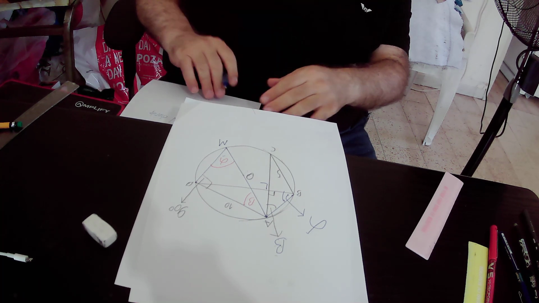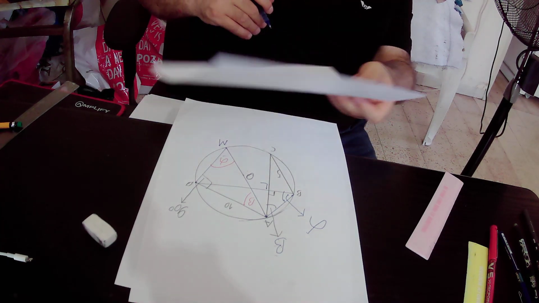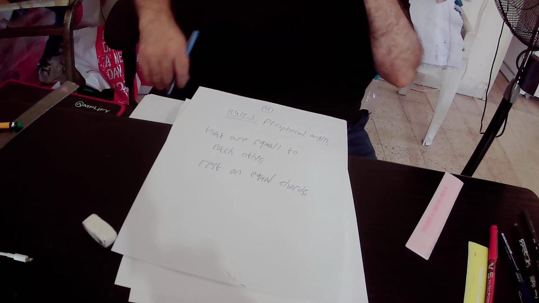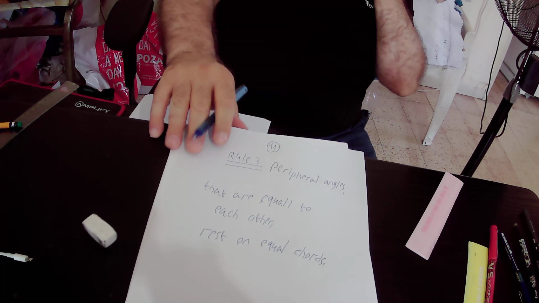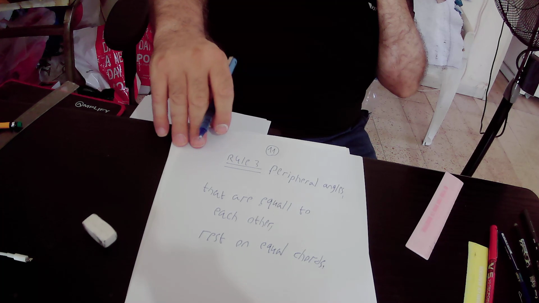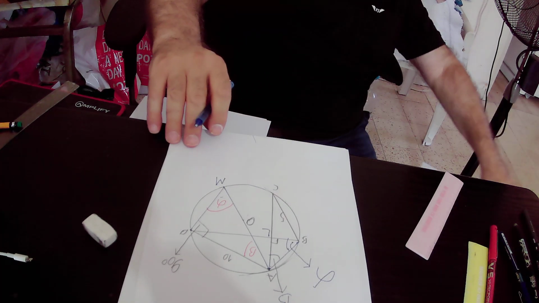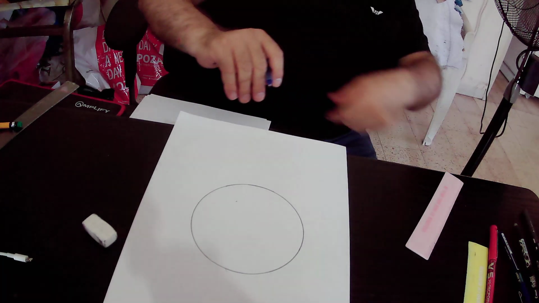So I'll read rule number 3 again. Rule number 3 states that peripheral angles that are equal to each other rest on equal chords. I will give you an example for rule number 3 in order to clarify the rule.